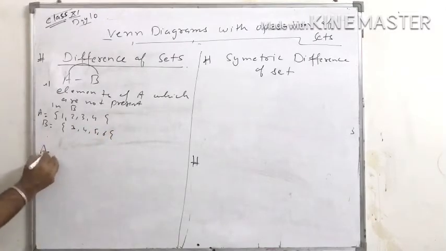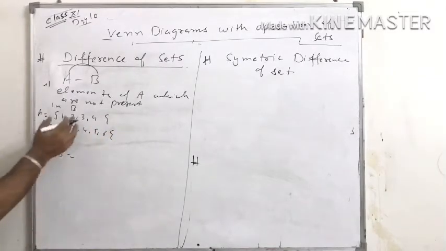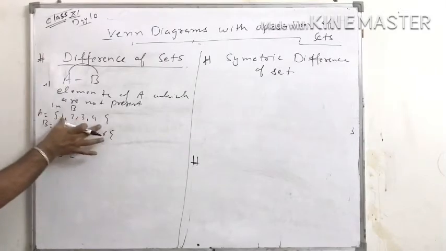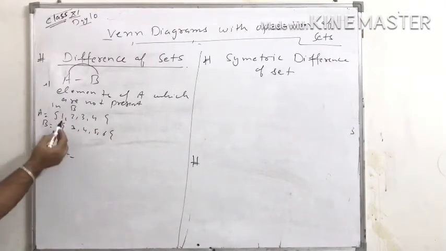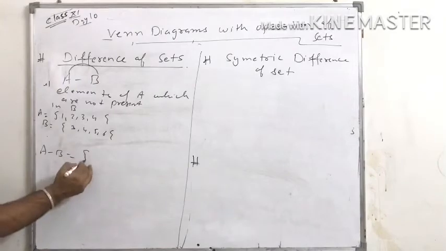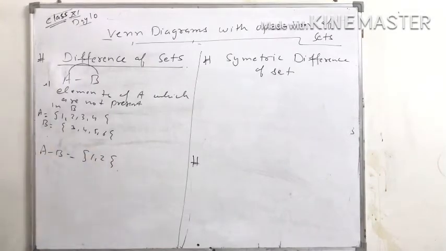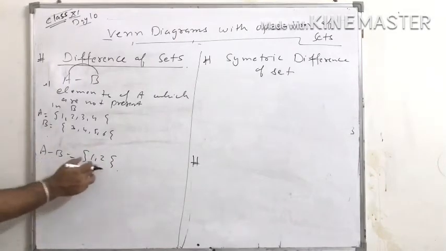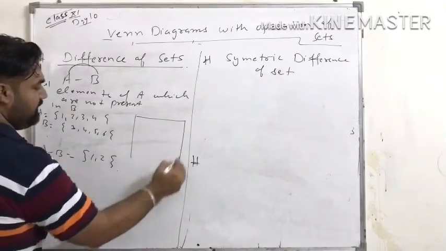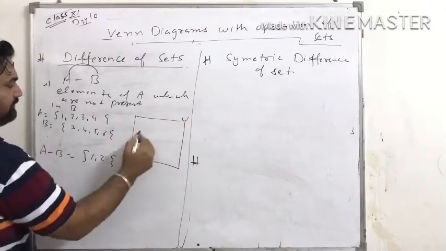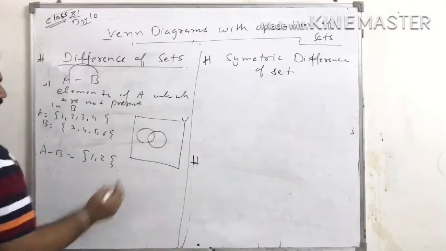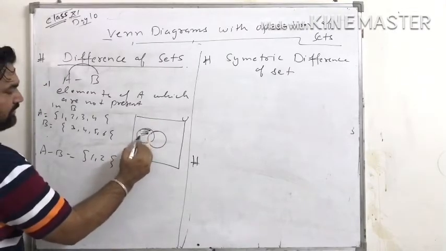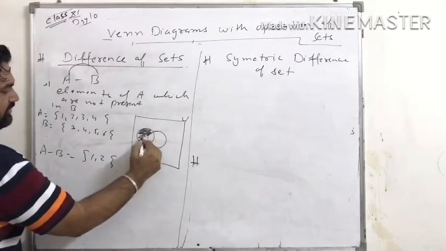A minus B means the elements of A which are not present in B. So which are the elements? 1 and 2. So A minus B is {1, 2}. How can we represent this through Venn diagram? A minus B means this is the shaded region.